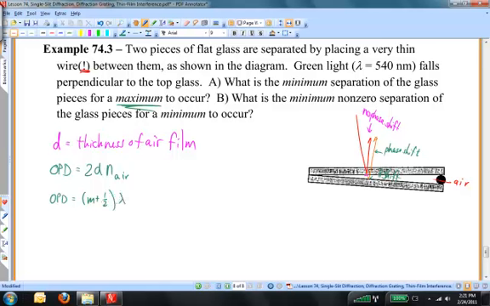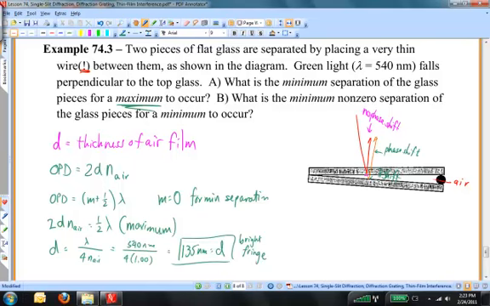And if I want there to be the minimum separation of the glass, I'm going to let m equal 0. So I'm going to say that 2d times n air is equal to 1/2 of a wavelength for a maximum to occur. Maximum in this case means that I'm going to get a bright fringe as a result of this interference. So let's solve that equation for D. And now I put in the numbers, and I find that the film of air has to be 135 nanometers thick in order to get a bright fringe.